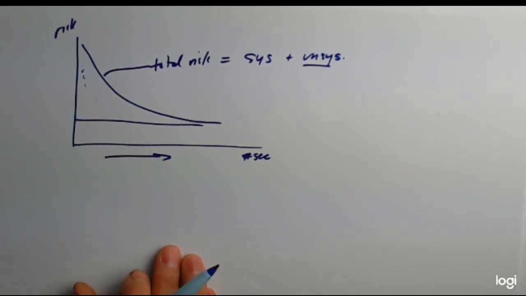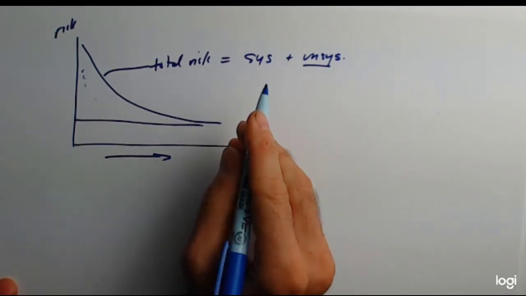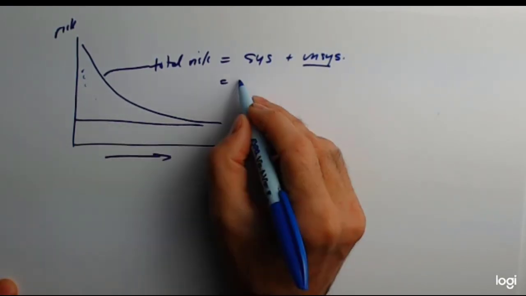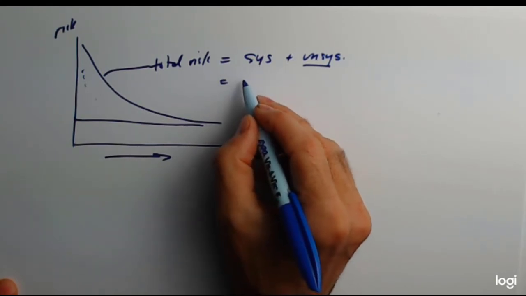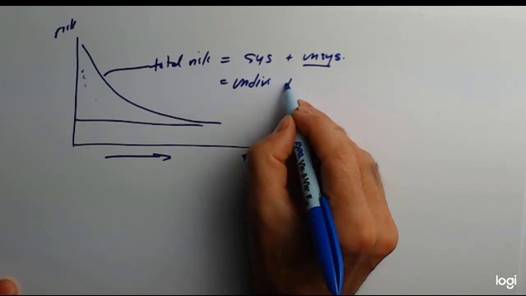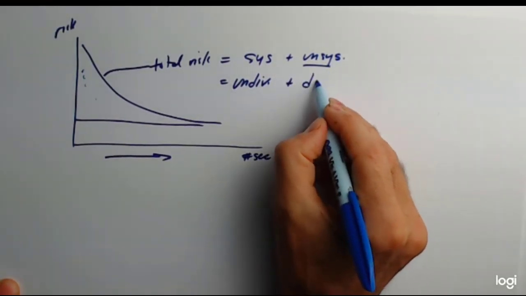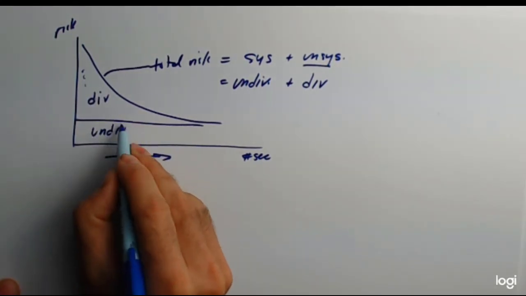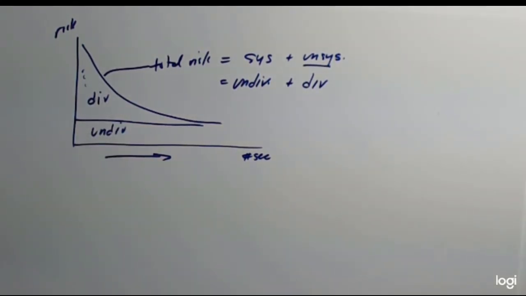Well, you can go further and look at this from a couple of different angles. You can say, look, we know this systematic component is the undiversifiable risk that's out there. And the unsystematic is what can be diversified away. Two different ways of looking at the same thing.